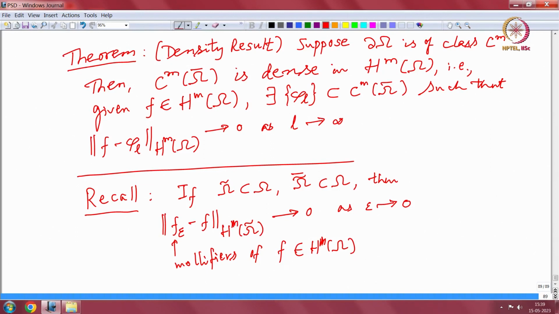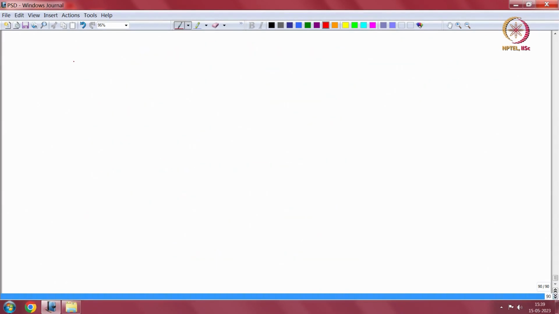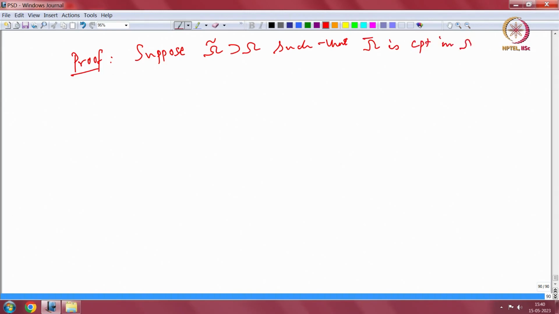Okay, so now we have a quick proof, as we have already developed all the tools. So suppose omega tilde contains omega such that omega bar is compact in omega tilde.